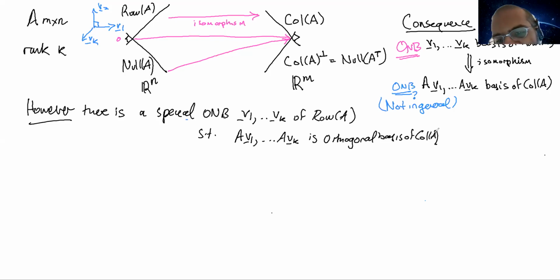The lengths might get changed, we'll talk about that in a moment. That's what singular value decomposition is all about. There is some magic choice of basis so that when you hit V1 through VK by A, on the other side you still get an orthogonal basis. And now I'm going to show you how to find that.